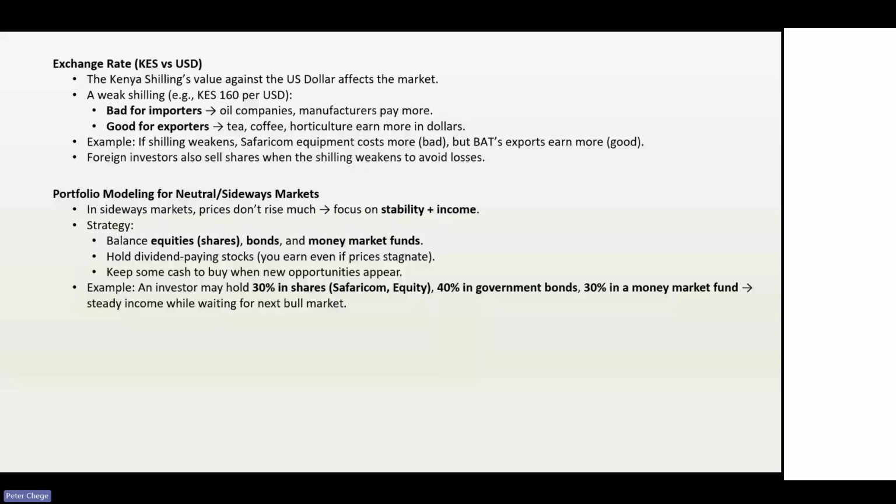But again, it's good for exporters. Tea, coffee, horticulture, they earn more in dollars. What does that mean? Companies like Sasini, Williamson Tea, Kapchorua, they are making money. But again, there are companies which are suffering on the other side.